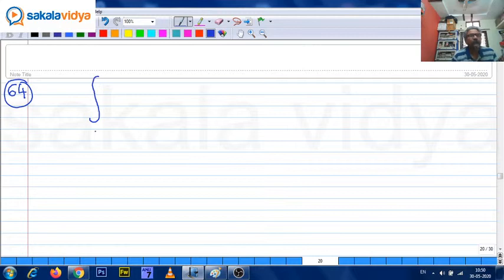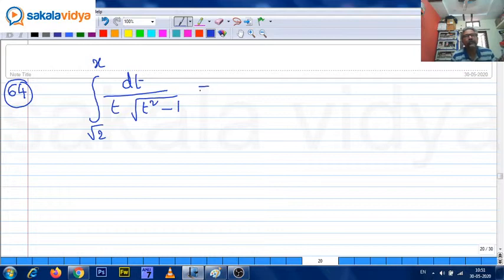Integral from root 2 to x of dt upon t root of t square minus 1 equals pi by 2.